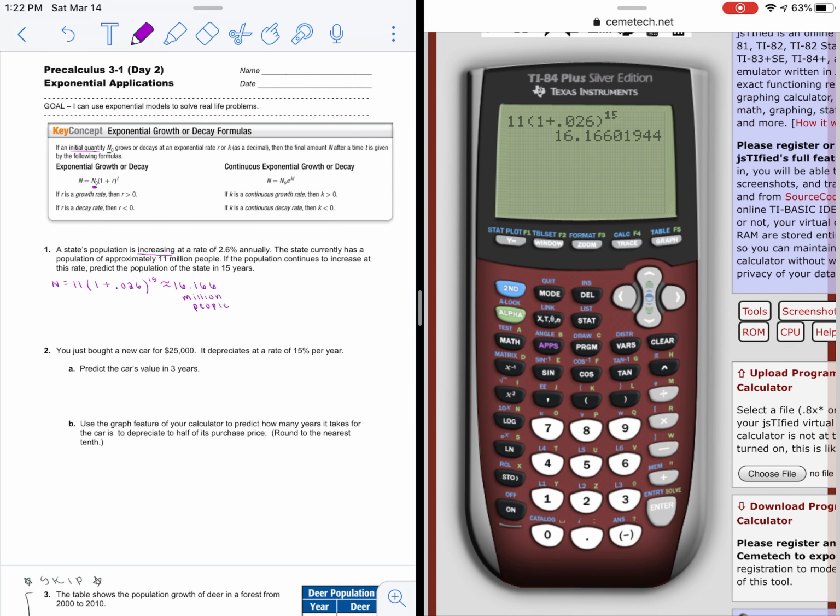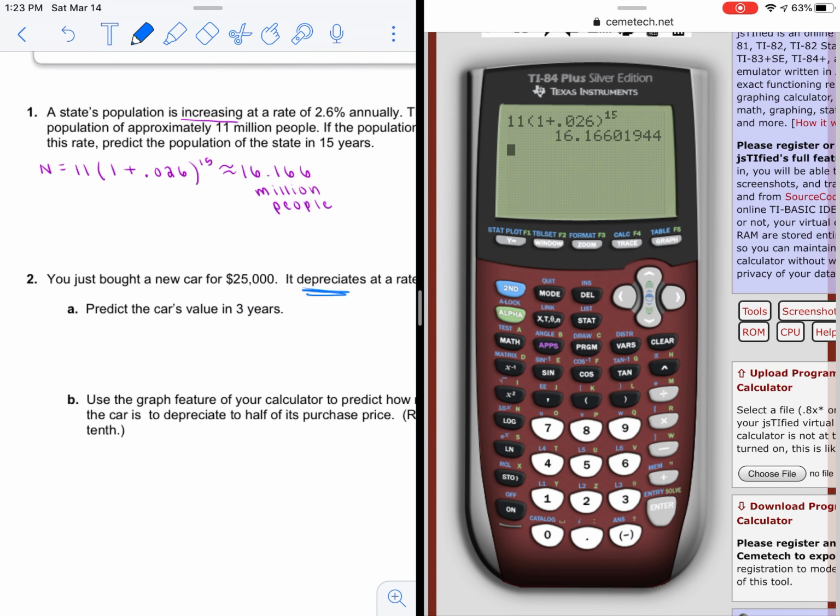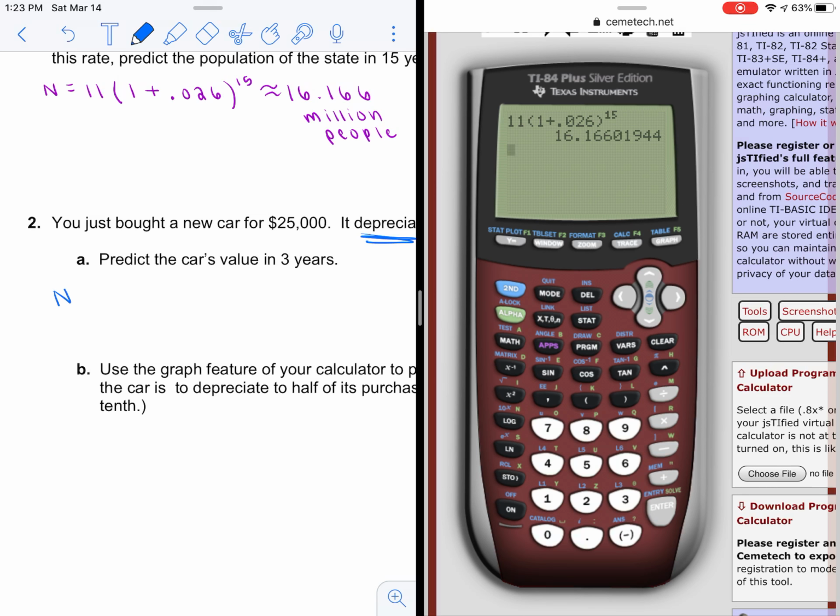Now, you can use this formula when you are dealing with decay as well, and you'll see in the next example how to do it. You just bought a new car for $25,000 and it's depreciating at a rate of 15% per year. Keyword: depreciates. What we're going to do is use the same formula.